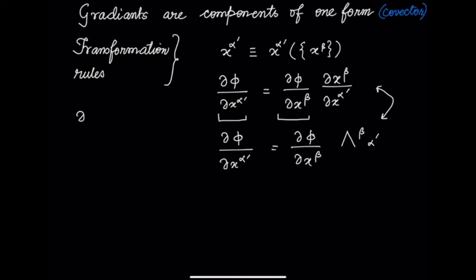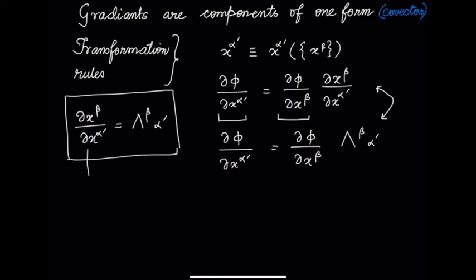It's telling you del x beta del x alpha prime is lambda beta alpha prime. The left hand side here is more general. Lambda is the Lorentz transformation matrix, but when we go to more complicated cases, we'll revert to the more general form del x beta del x alpha prime.